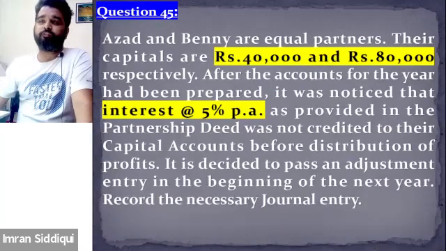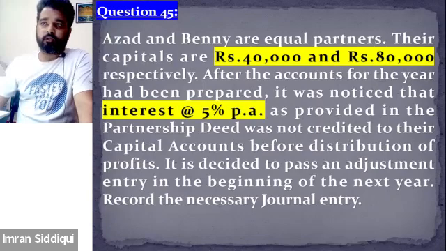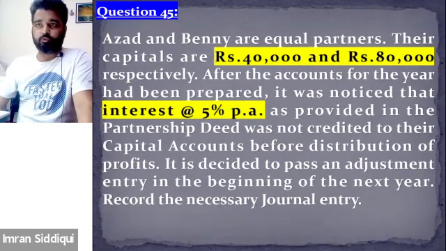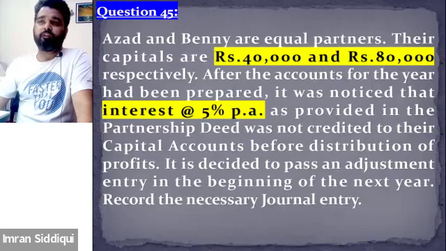So we forgot to credit the interest of the partner. Before distribution of the profit, it is decided to pass an adjustment entry in the beginning of the next year. Because we completely forgot to credit the interest on capital, we have decided to pass the necessary adjustment entry to rectify the error.